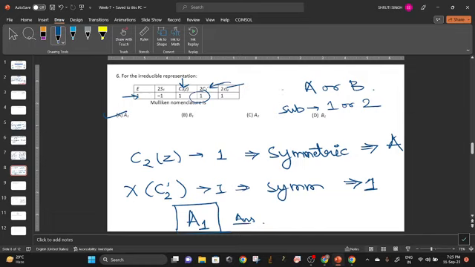Also, there is one more thing. For sigma h we write dash or double dash, and had there been any center of inversion, we would have written gerade or ungerade. If it is symmetric under I, it will be g, and if it is anti-symmetric, it will be u. But those two symmetry operations are not there in this representation, so the answer will be up to A1 only.